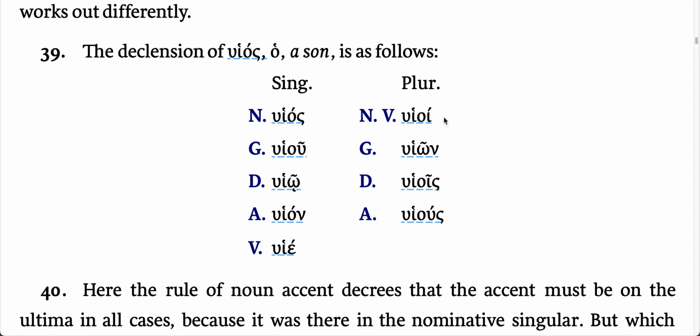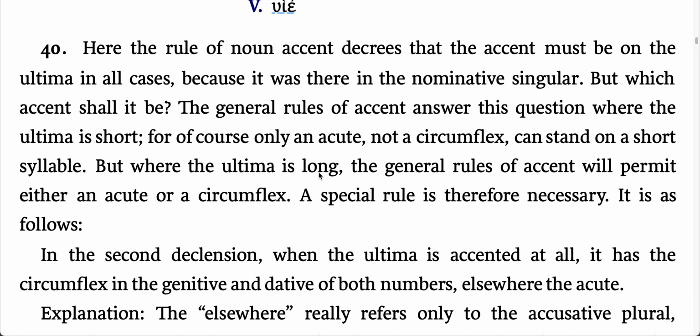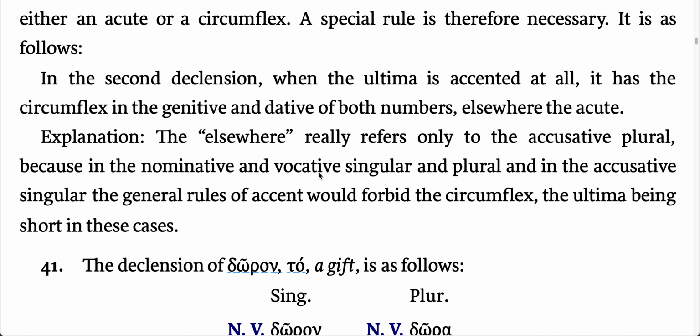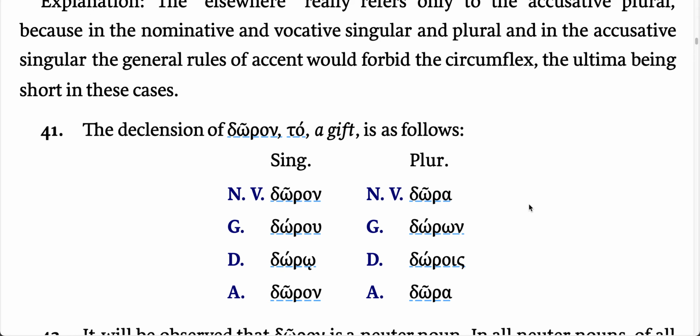This would be sons, of sons, to or for sons, and then sons as direct object. This is, again, the subject of the sentence. So they give us this paradigm because of the difference in accents, which he tries to explain here in paragraph 40. For right now, don't worry about it. I wouldn't be that concerned with it.